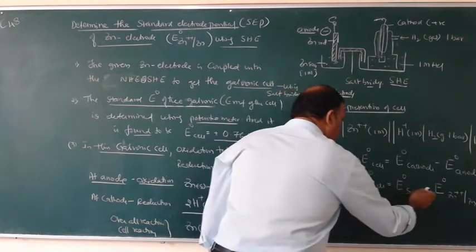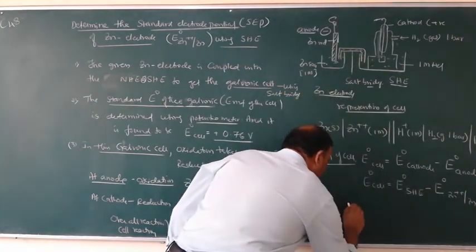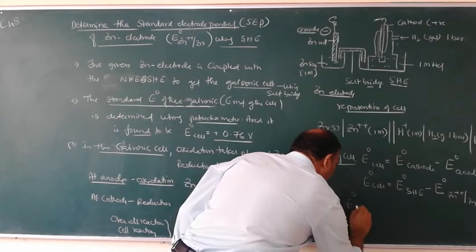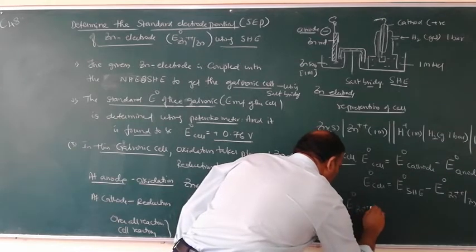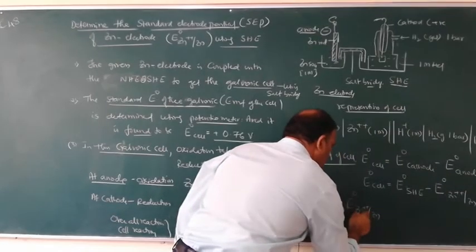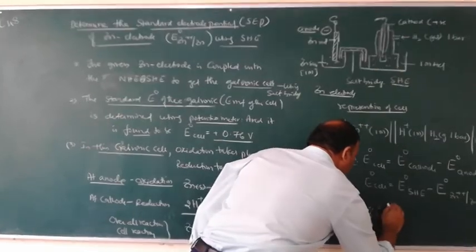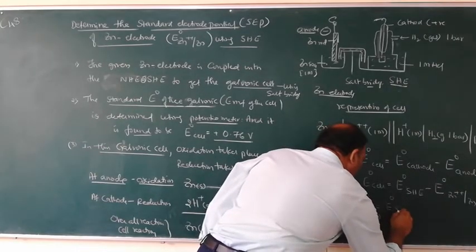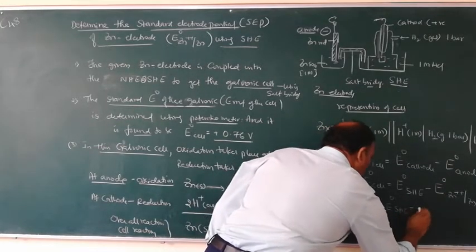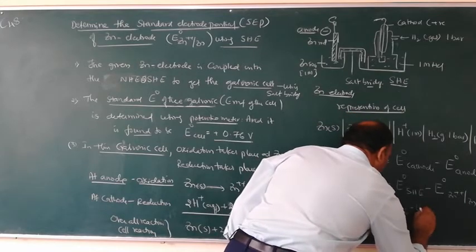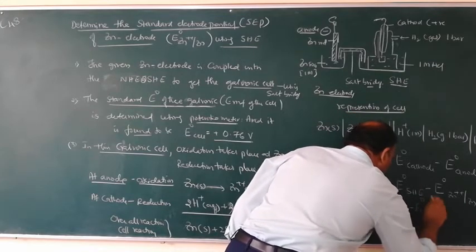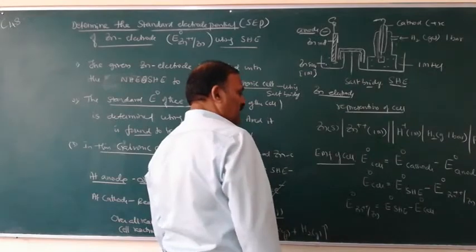We want E0 of Zn2+|Zn. So E0 of the zinc electrode is equal to E0 of SHE minus E0 of cell.